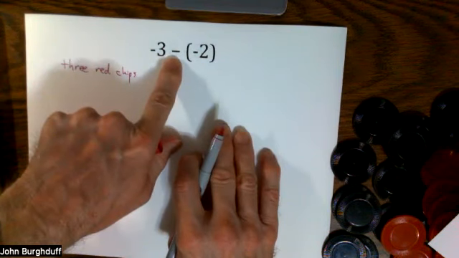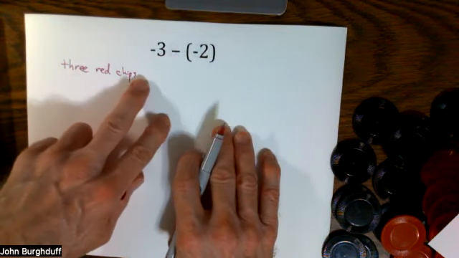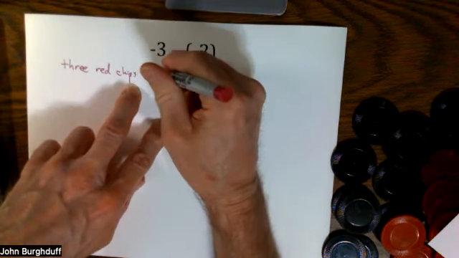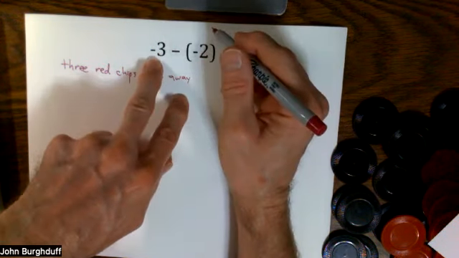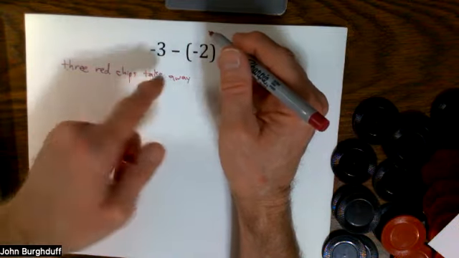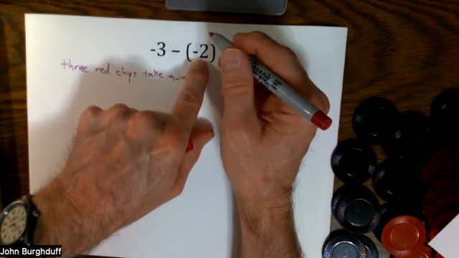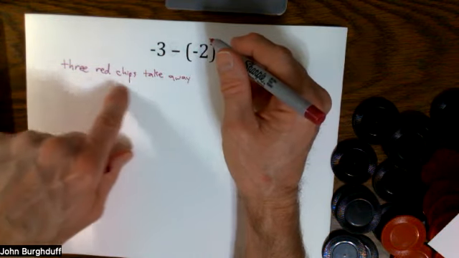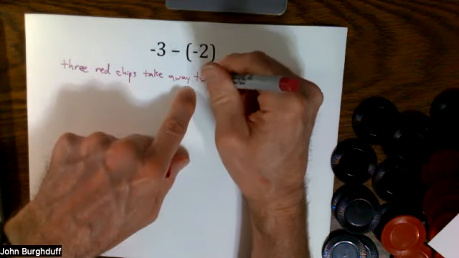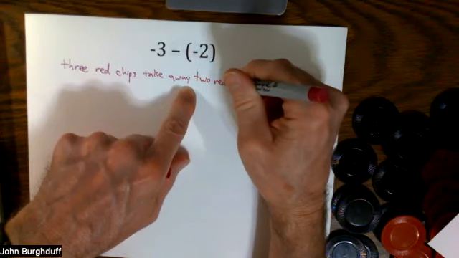The operation of subtraction, which is what comes next, means take away. Take away what? Well, the number following the subtraction is a negative number, so that's red chips. 3 red chips take away 2 red chips.